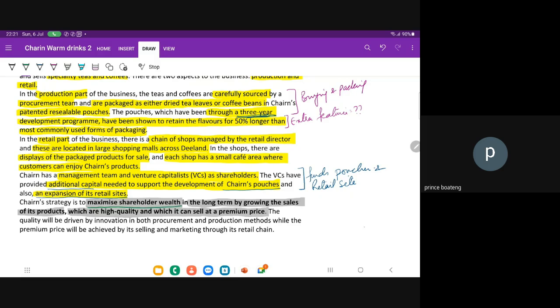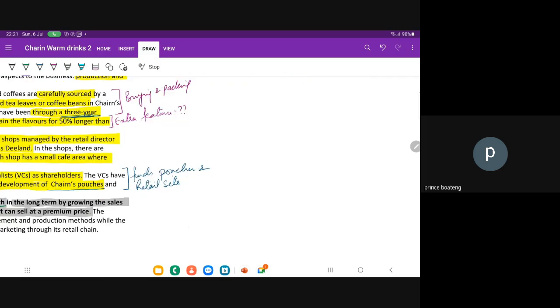Now, there are 2 to 3 things which the examiner generally says. There are certain situations where the question says maximize shareholder profit. There are certain questions where the examiner says maximize shareholder value. There are certain situations where the question says maximize shareholder wealth, right?